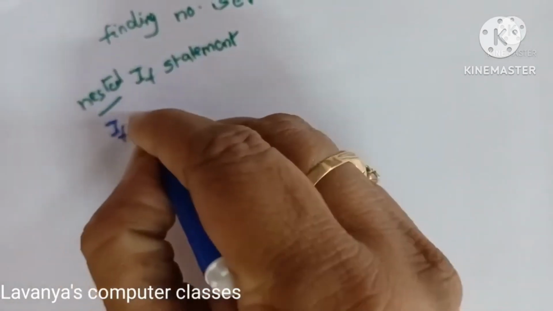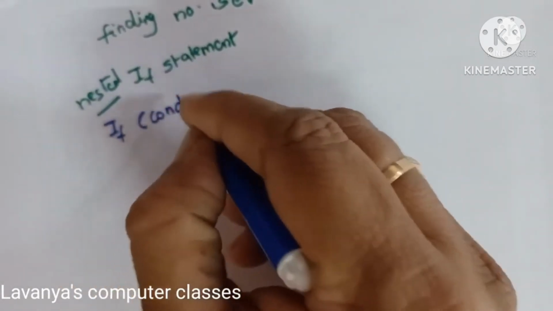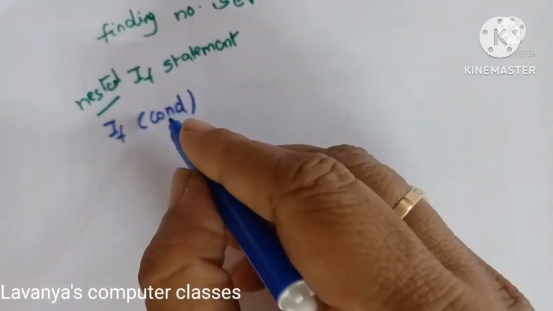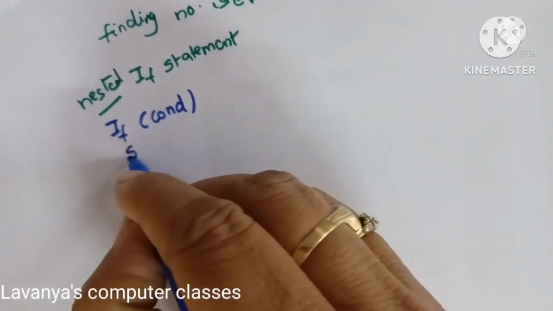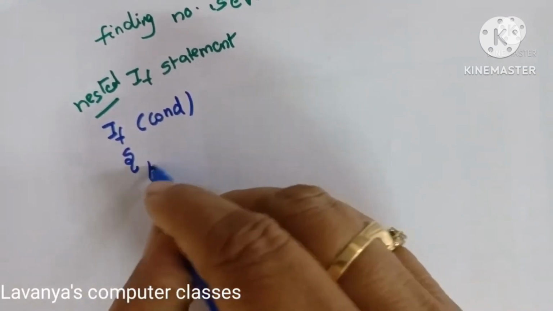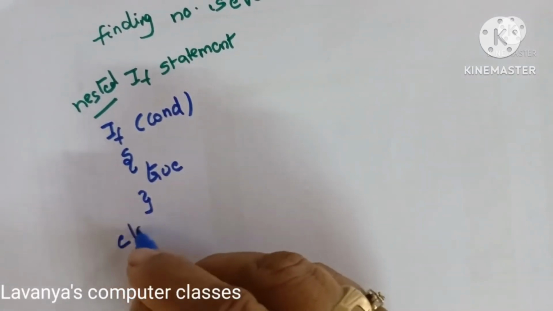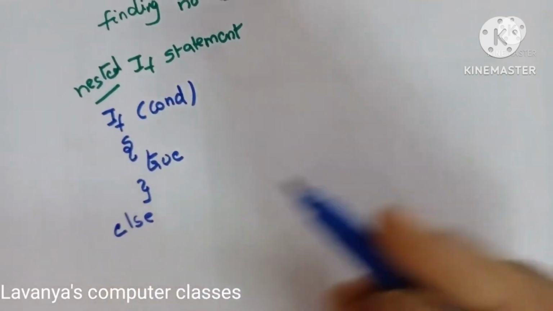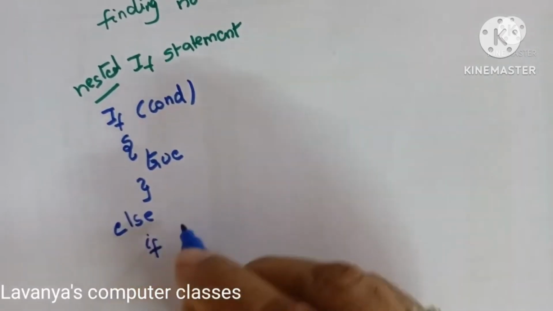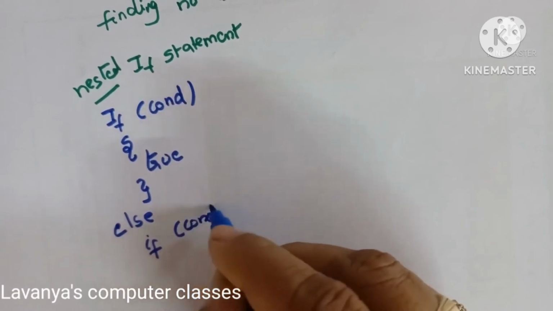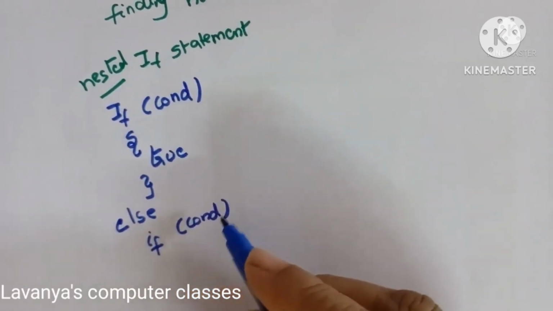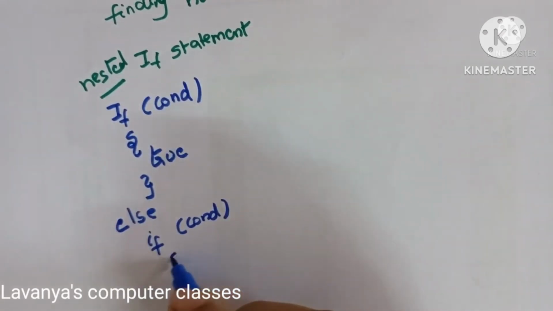If condition. The condition is either true or false. If the condition is true, what happens? True block statements are executed. If the condition is false, it goes to after else. Here in this else we check one more condition, that is again one more if condition. Again the same thing, this condition may be true or false.